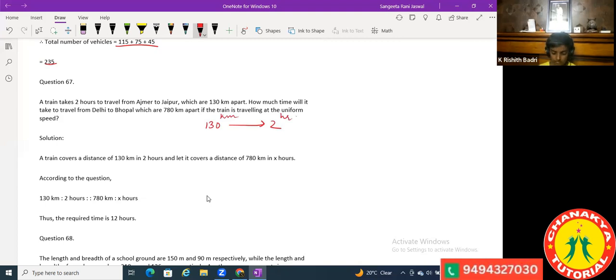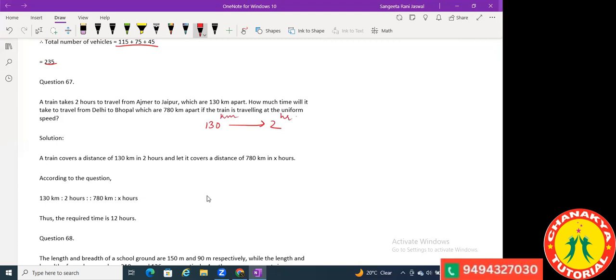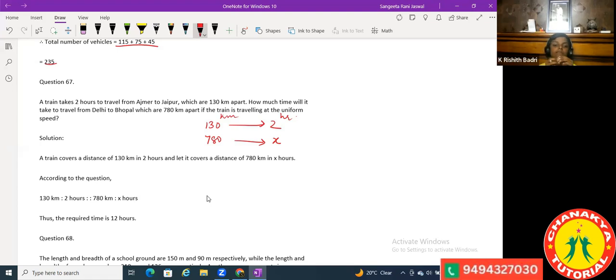And how much time will it take to travel from Delhi to Bhopal, which are 780 kilometers apart? Now, to travel this much of the distance, how much time will the train take? So that I am taking as x. You understood this much? Yes, ma'am.